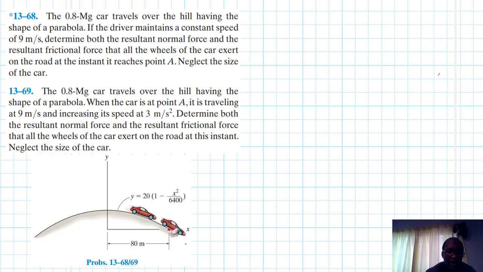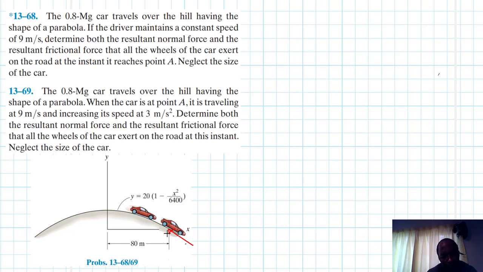So at that particular point, let's draw what is happening there. We are going to have the friction force at that point, like so, tangential at that point, and then we'll have the normal force coming normal like so.